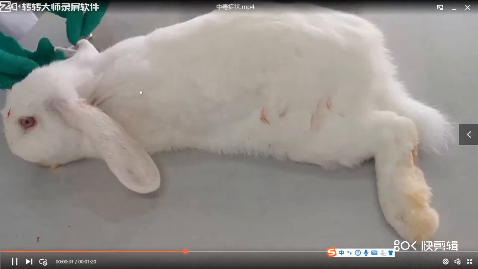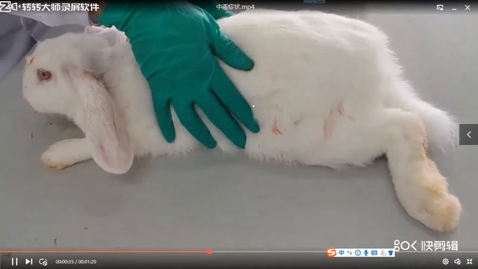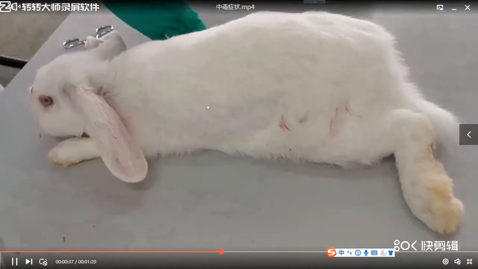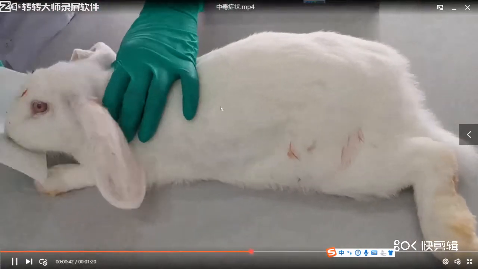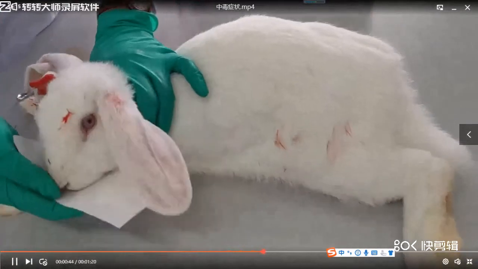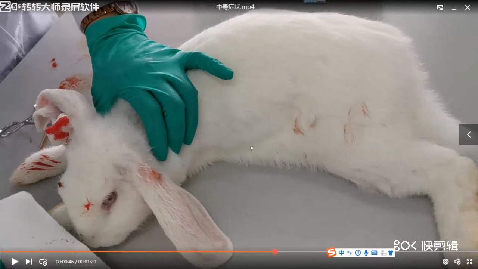The pupil size is smaller than before, and then the breathing rate. Let's calculate: the breathing rate is lower than normal. Before it was 30 times each minute, and now when we touch the rabbit, only 20 times, so lower than normal.